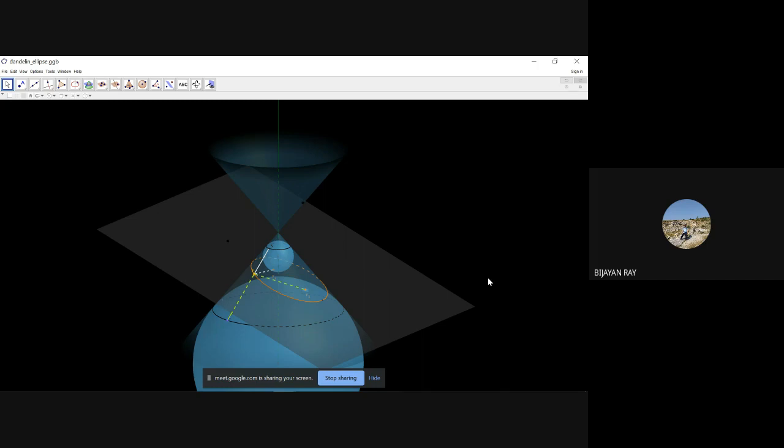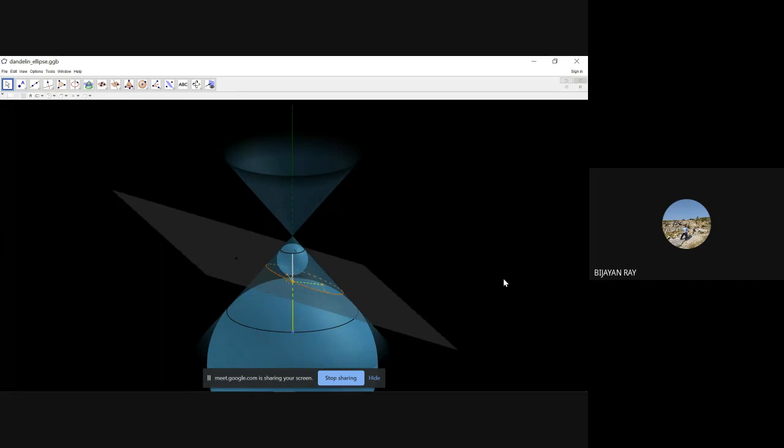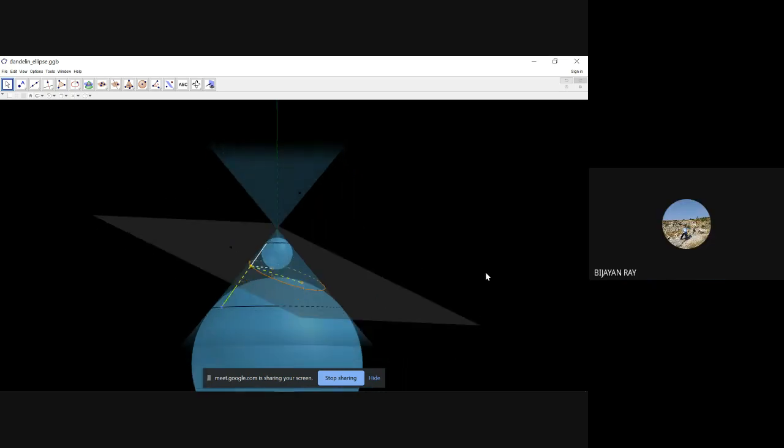That's why it's preserved. Where the plane is touching the above sphere and the bigger sphere, those are the so-called focuses, that's why they are defined. Since the tangents to the spheres from a point are equal, that length is getting preserved, and we are again reaching the definition of the ellipse.